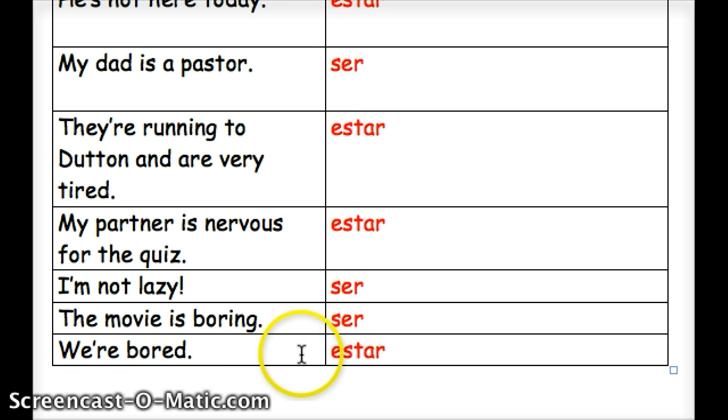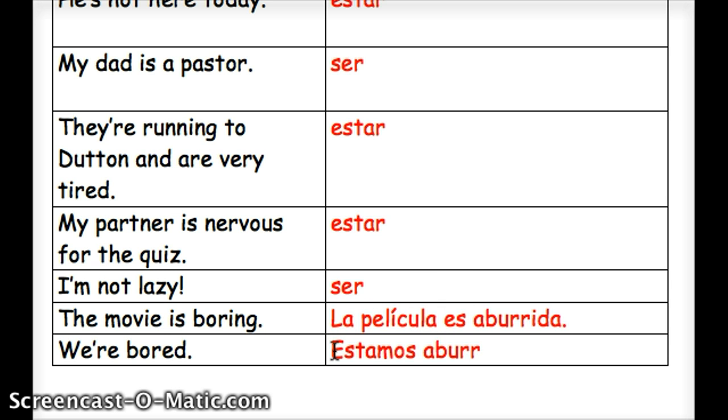So notice that in Spanish, if we would say the movie is boring, la película es aburrida, and we are bored, estamos aburridos. The word aburrido doesn't change at all from boring to bored. I mean, they're agreeing with what they're describing, but there's no different word like we have in English. What changes is the verb. And the verb that you use with aburrido will determine if it means boring, here we're talking about a personality trait, or an emotion.